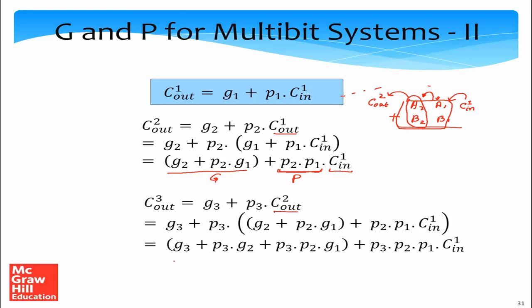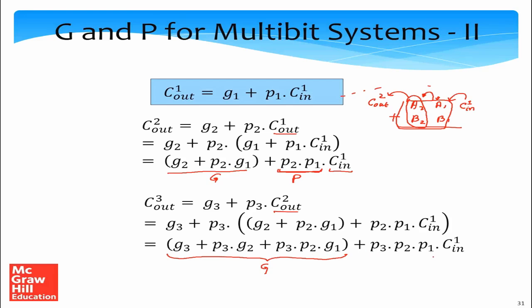After doing some algebra we again come at this. So this is the generate function for a 3-bit system. When will a 3-bit block generate? When either the 3rd bit pair is generating, or the 2nd bit pair is generating and the 3rd bit pair is propagating, or the 2nd and 3rd bit pairs are propagating and the 1st bit pair is generating.